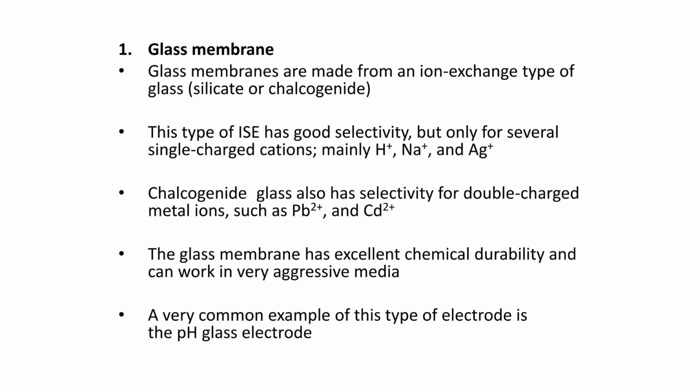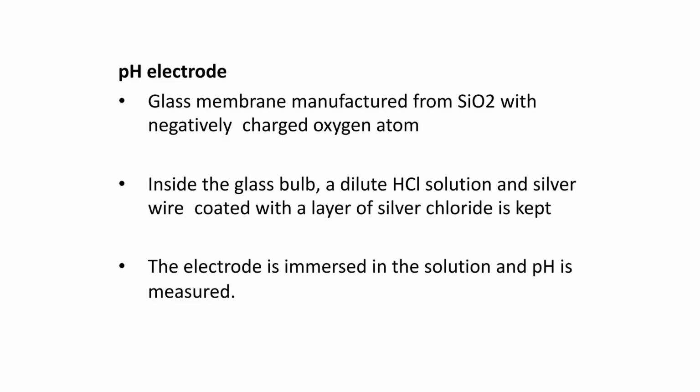And the next is the glass membrane. Our first major category is the glass membrane. These membranes are manufactured from a specified ion exchange type of glass that usually consists of silicate or aluminosilicate components, with excellent selectivity for single charged cations, which can be extended to the selectivity of certain double charged metal ions also. This is the universal example, the clinical pH glass electrode.